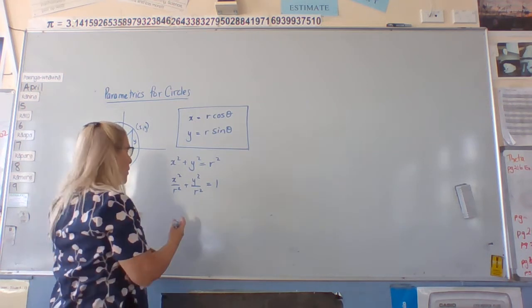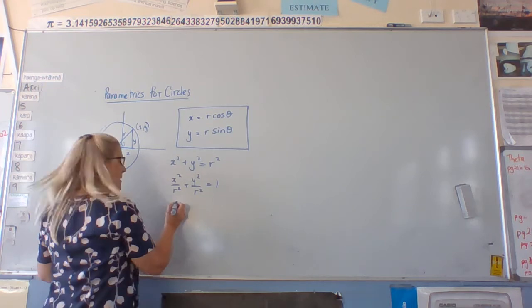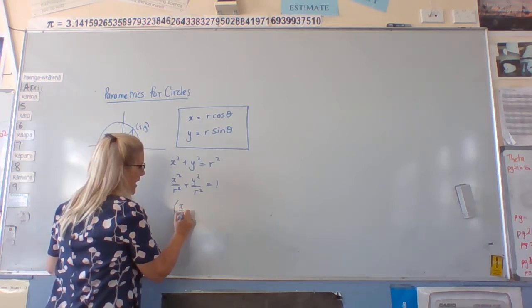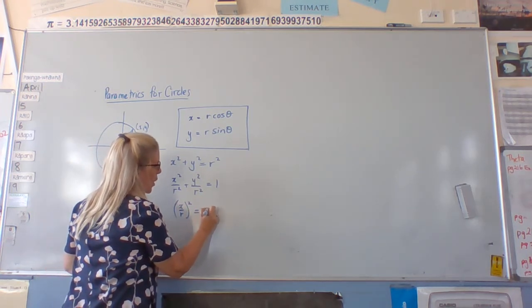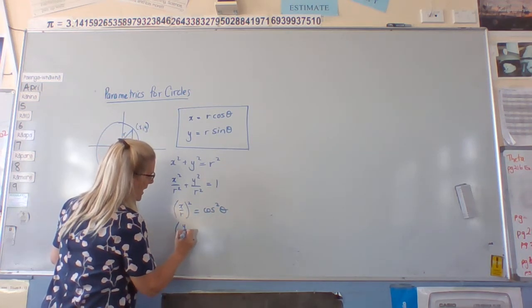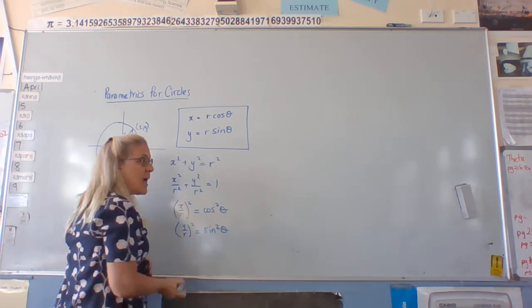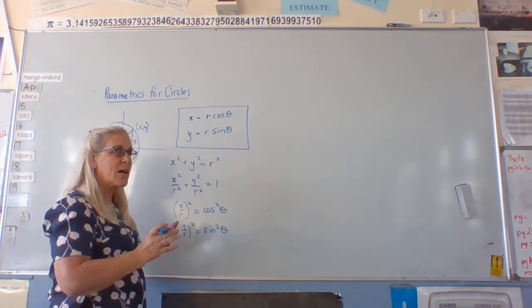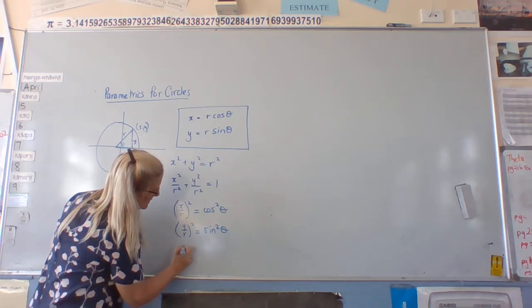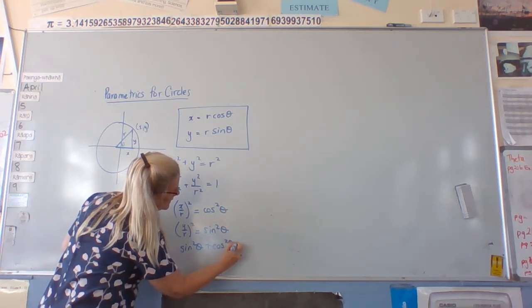But we also know that x over r, squared, is the same as cosine squared of theta, and y over r, squared, is the same as sine squared of theta. One of our trigonometric identities tells us that sine squared theta plus cosine squared theta equals 1.